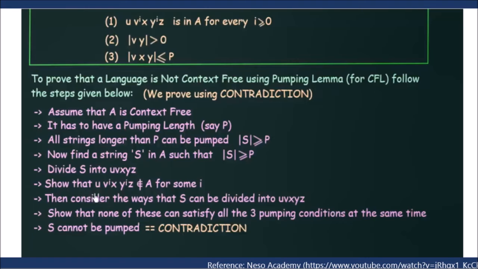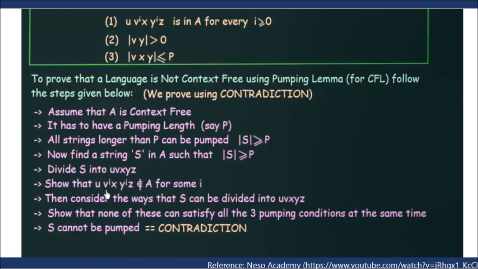Now we will show that U, V raised to I, X, Y raised to I, Z does not belong to A for some value of I. You have divided S into these parts, and when it is divided in this way, it lies in this language A. We know that.